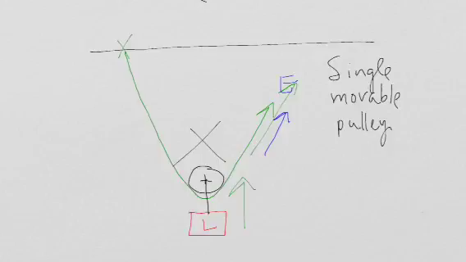Now, a single movable pulley cuts your effort by half, because half of the load's weight is taken up by this cord here, this string in the pulley. So it's got a mechanical advantage. It's got a pretty awesome mechanical advantage because it lowers your effort by half.